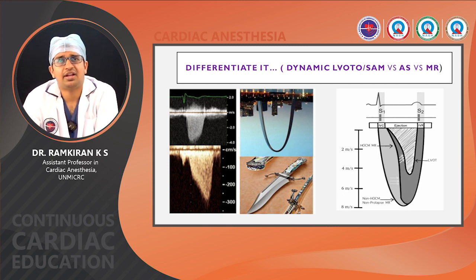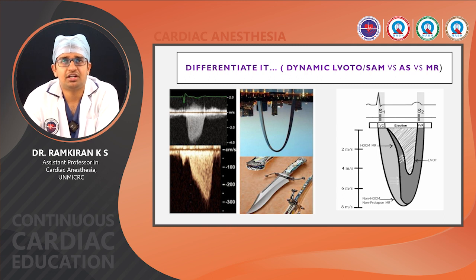As we know, the MR trace, if you see the picture on the right, the MR trace in non-HOCM, the MR trace velocity is definitely high, and the duration or the extent of this also varies according to the cardiac cycle. So based on that, we can definitely differentiate MR from the LVOT or AS. But whereas in HOCM MR, you can see the mid to late systolic peaking. So that is what is characteristic.